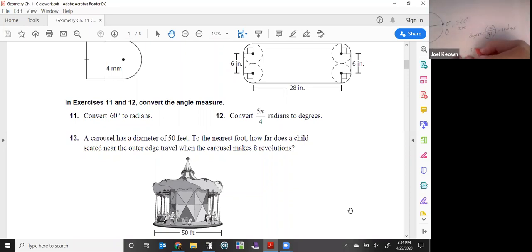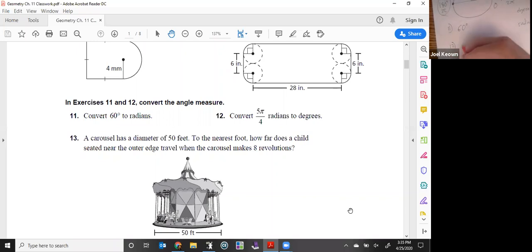Likewise, if I have radians and I want to change to degrees, I can multiply by 180 over pi, and that gives me degrees. So let's see, we can do this one.